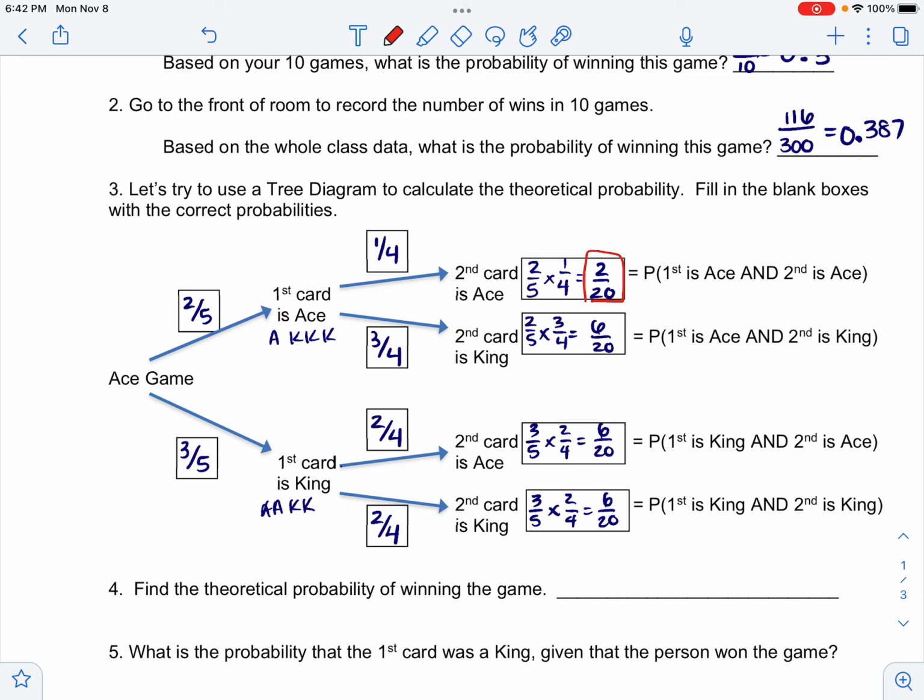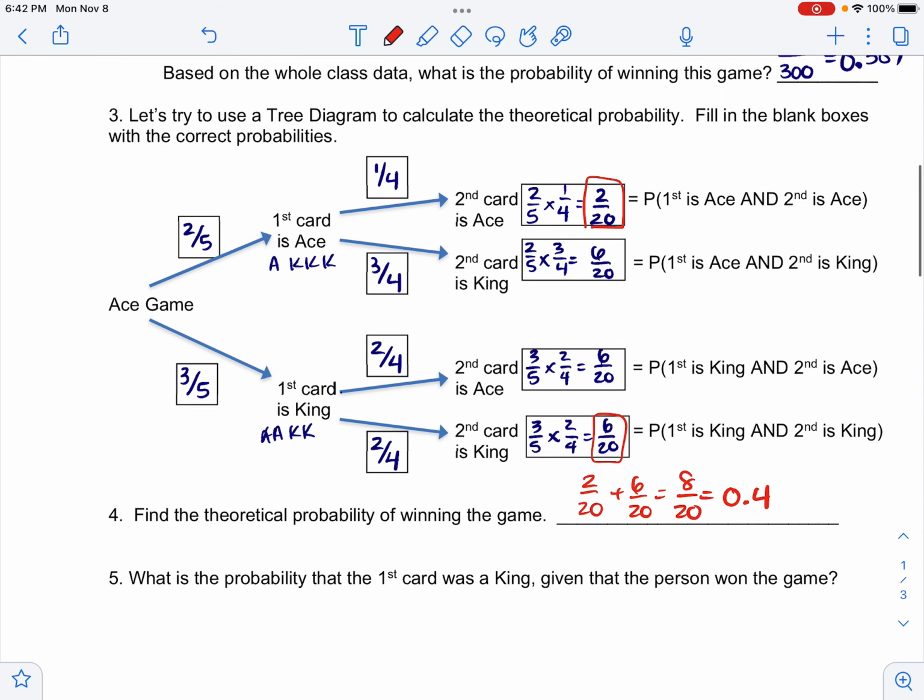And then the other win is if I pull a king and then another king. So that would be this one right here, considered a win. So that's 2/20 plus 6/20. So that's 8/20 total, which equals 0.4. That is our probability of winning the game.